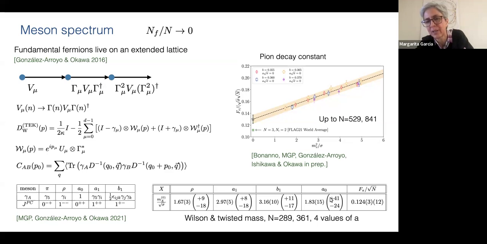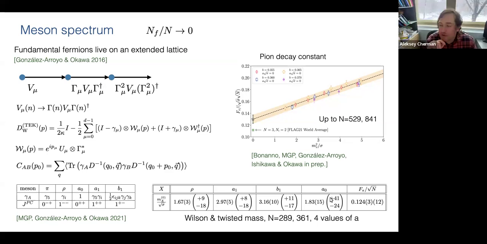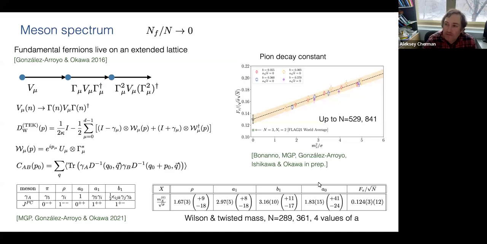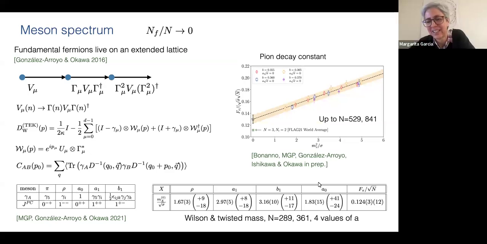So this compares quite well with those results. So it's within statistical error, it's the same, okay. The only thing is that most of those results are not extrapolated to the continuum limit. They are done at a fixed value of the lattice spacing. I see. This is extrapolated to the continuum limit and the chiral limit.